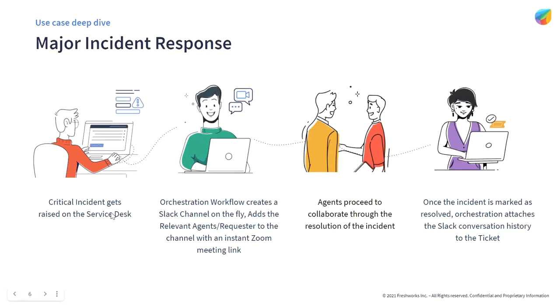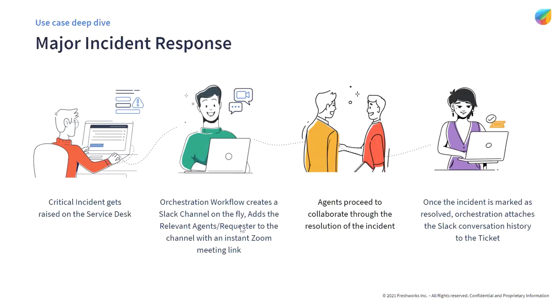We're then going to pipe the information about that incident into Slack. Orchestration is going to work to create a dedicated Slack channel on the fly, and add the relevant people to it. You could add the requester of that incident. You could add a bunch of designated agents that you have set up in a custom object.